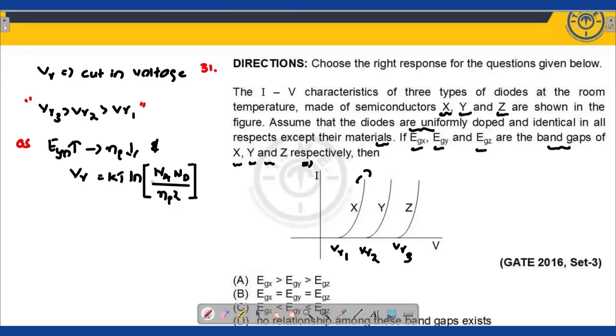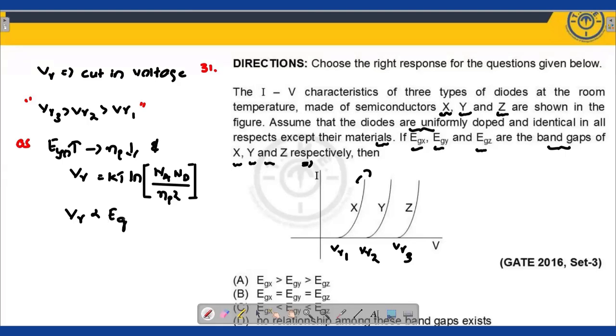Ni square here. So when I'm taking, my dear friends, the relations very important itself is that see, when this one is increasing, this one is decreasing. So the relation itself is that, my dear friends, there will be a direct relation between the cut-in voltages, directly proportional to the EG.